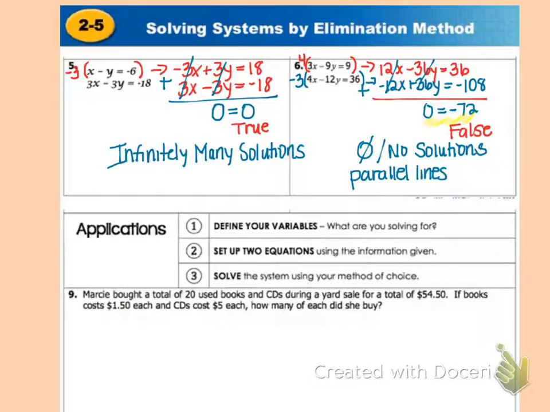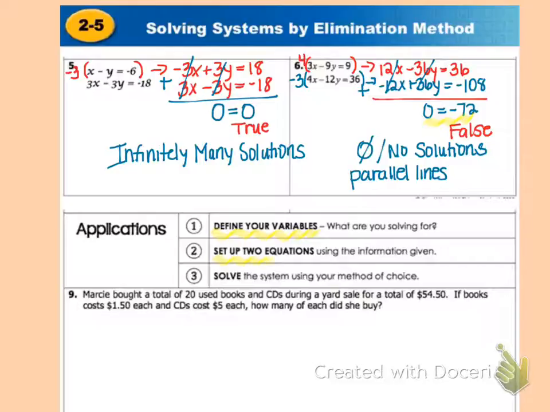Okay, so to wrap up this lesson, we're going to take a look at some applications where we might use a system of equations, and one that we would actually maybe use elimination to solve. So when we are applying systems of equations to a real life situation, our steps are to first define our variables. So we're going to take a look at our scenario and identify the variables we want to solve for.